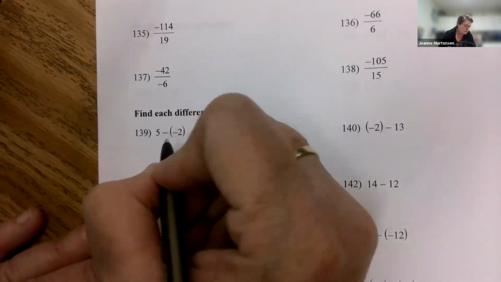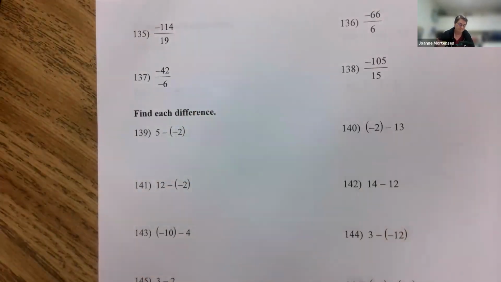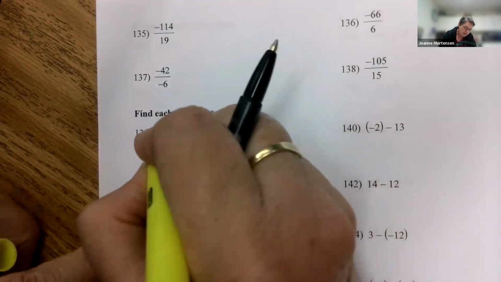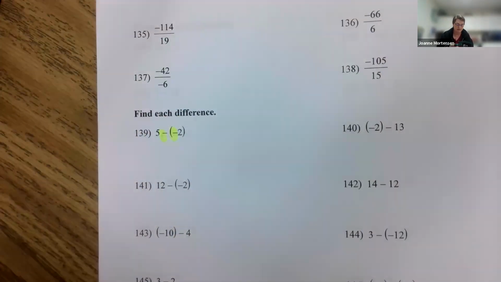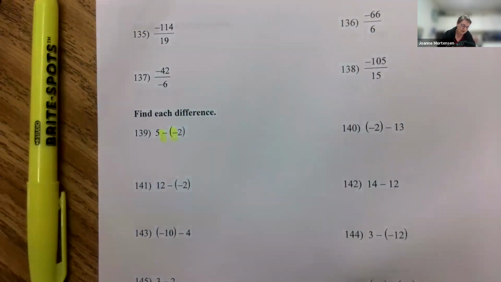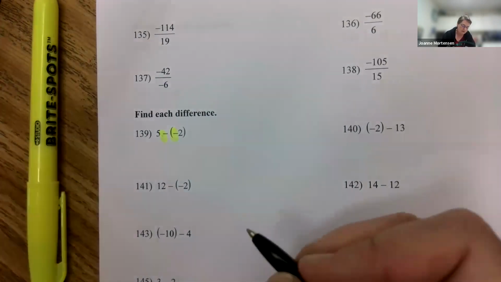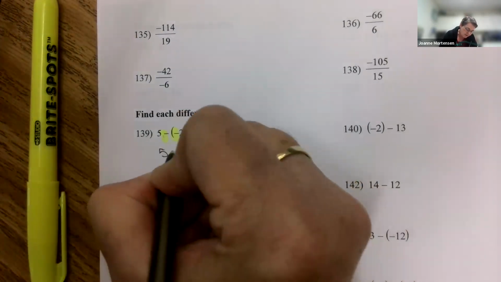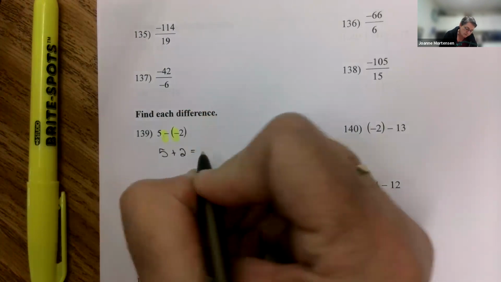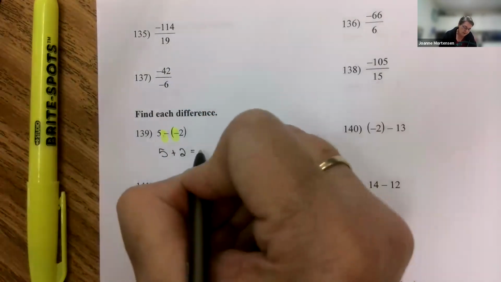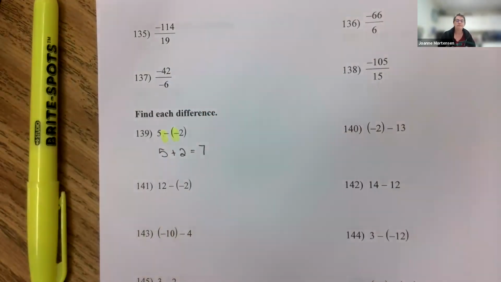I got a negative sign and another negative sign and 2 negative signs make a positive. So instead of this being a subtract question, this just becomes 5 plus 2. And you already know what the answer is to that, 7.